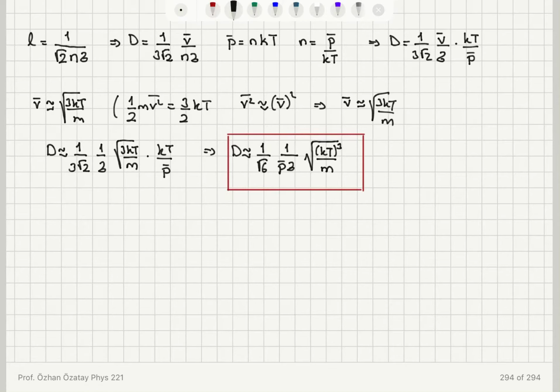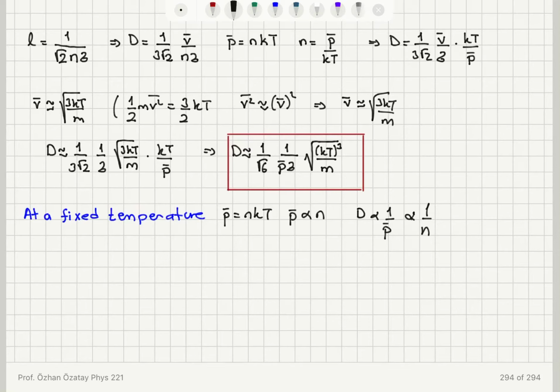So for example, we can observe that at a fixed temperature, because P bar equals nkT, P bar is proportional to n, so you will see that the coefficient of self-diffusion will be proportional to 1 over P bar and also proportional to 1 over n.